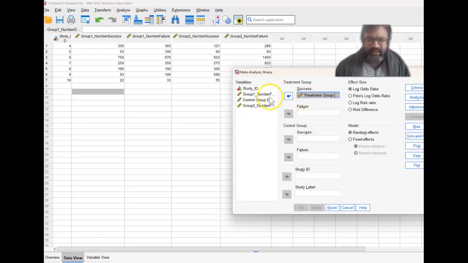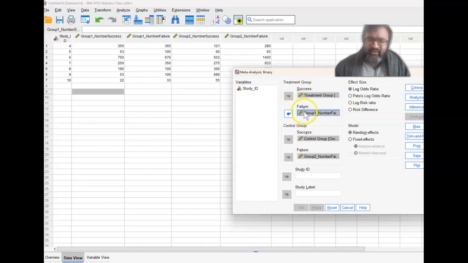Then for the control group, success and failure, you can drag that here, and then the number of failures in group 1. So treatment group, success versus failure. Control group, success versus failure.